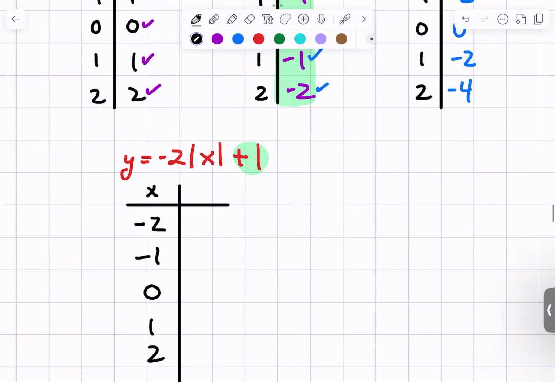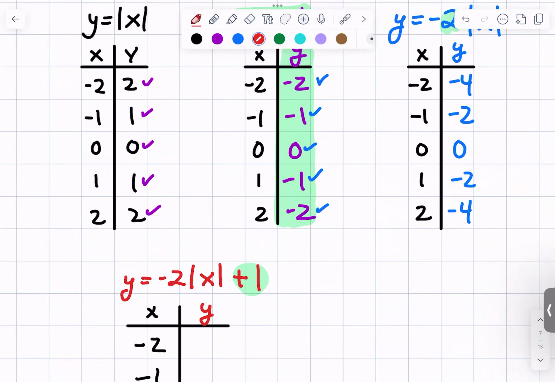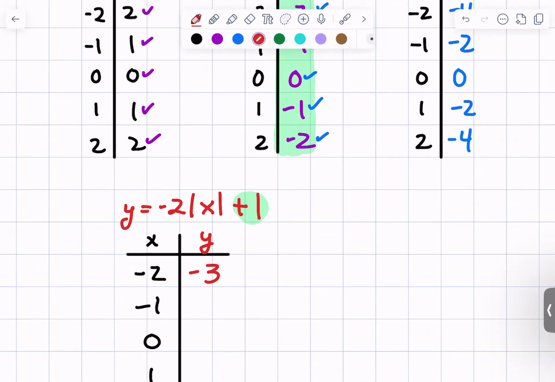And my y values, if it's plus 1 on the outside, it's a shift up 1, right? So what are we going to do with my y values? We're going to add 1. Yeah? So negative 4 plus 1 is negative 3.